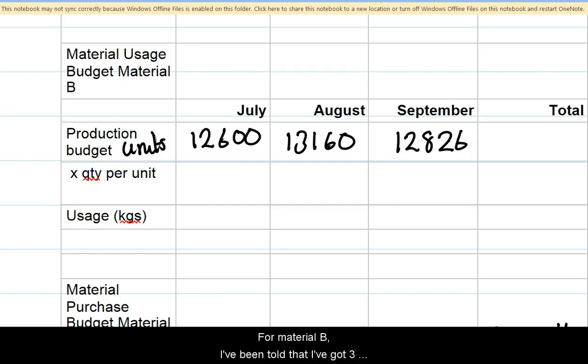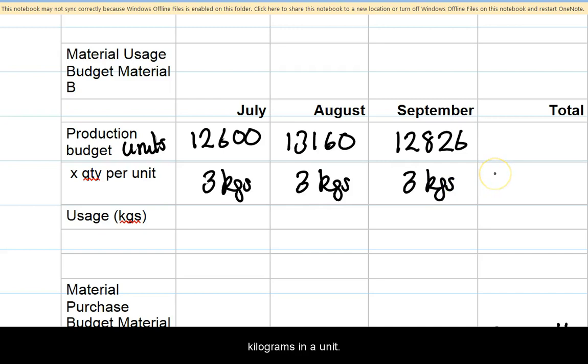For material B, I've been told that I've got 3 kilograms in a unit, I can now multiply it all out.